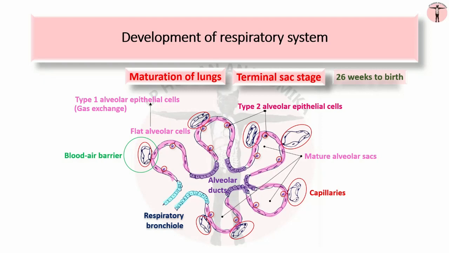They secrete pulmonary surfactant, which is a complex mixture of phospholipids and proteins. Surfactant forms a monomolecular film over the interior walls of the alveolar sacs and counteracts surface tension forces at the air-alveolar interface. This facilitates expansion of the terminal sacs, which are the primordial alveoli.